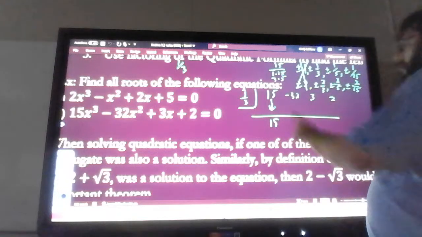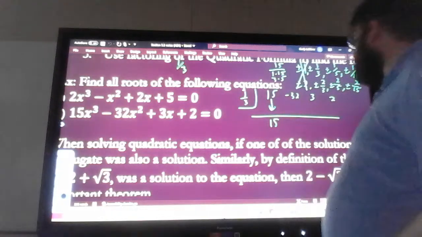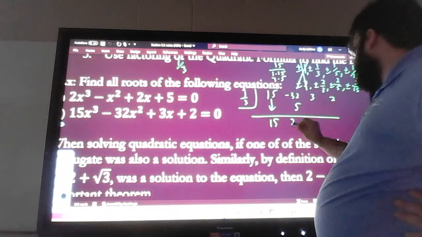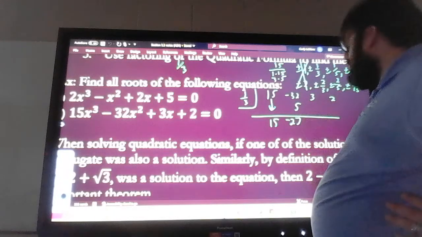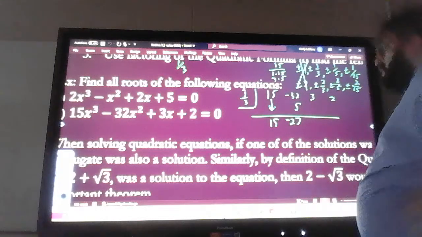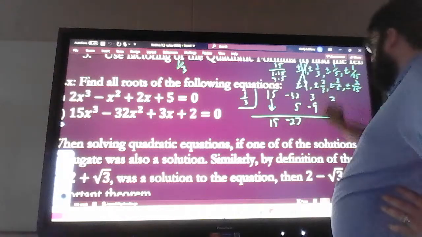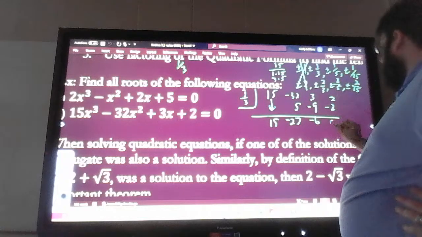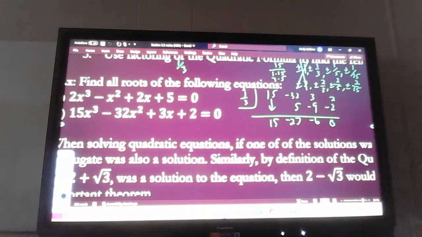So let's go ahead and multiply. 15 times 1/3, easy enough, that's 5. -32 plus 5, that's -27. Again, easy as pie. The number is also divisible by 3. So -27 times that, that's -9. Add, that's -6. Add, that's -2. Add, 0. Perfect. Perfecto. Okay.